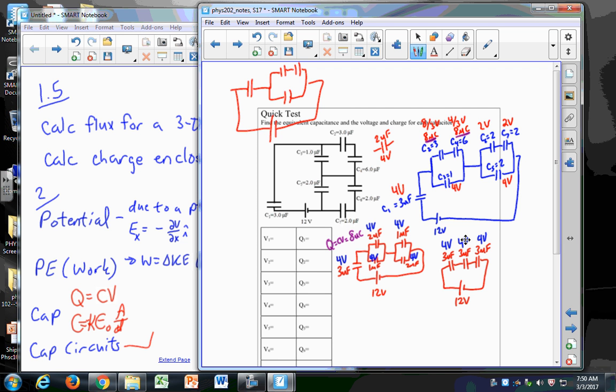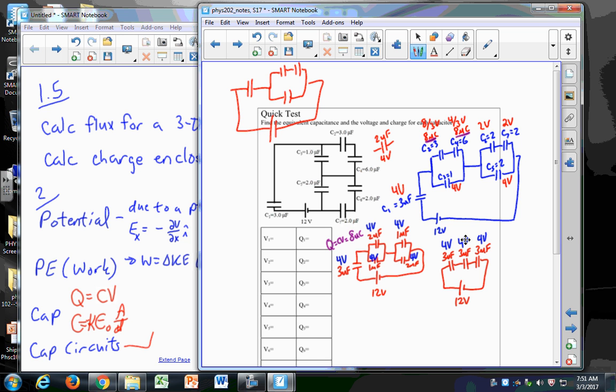The difficult part I find for me is getting from here to here. So look back at the old tests. Every test has a capacitor problem, and they're all slightly different, either different values or slightly different configurations, but they're also all very similar. So that'll afford you very good practice. And there's a homework problem too, at least one, maybe two. So you'll have one of those as well.